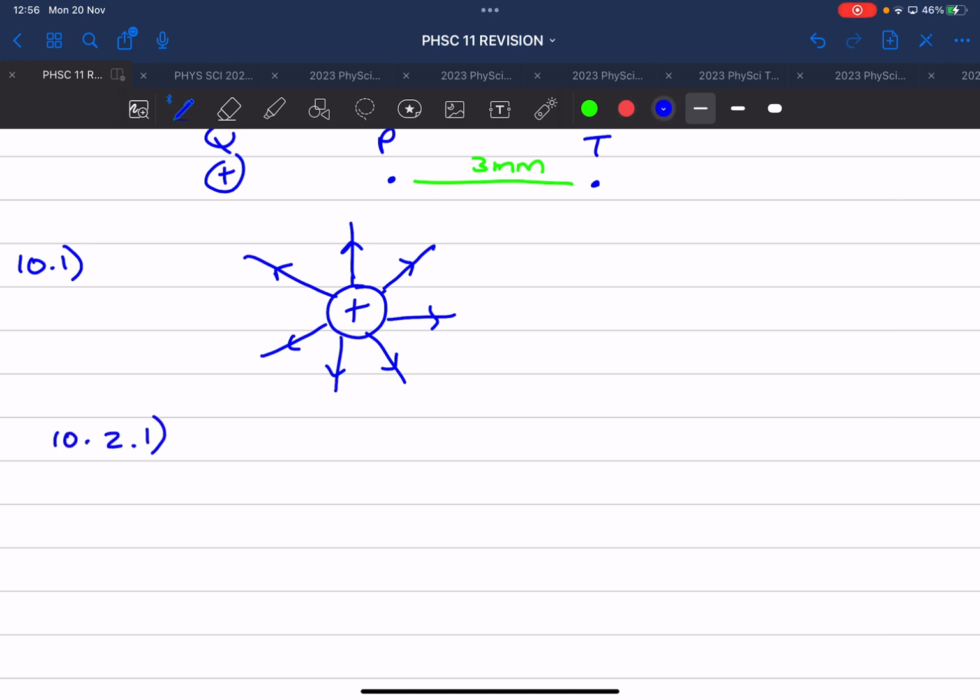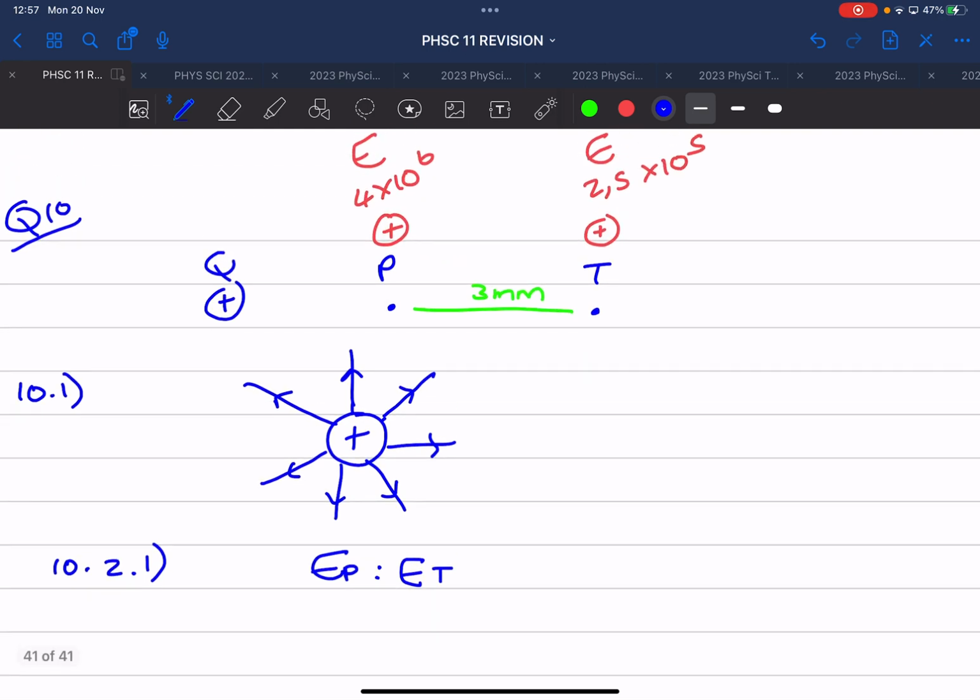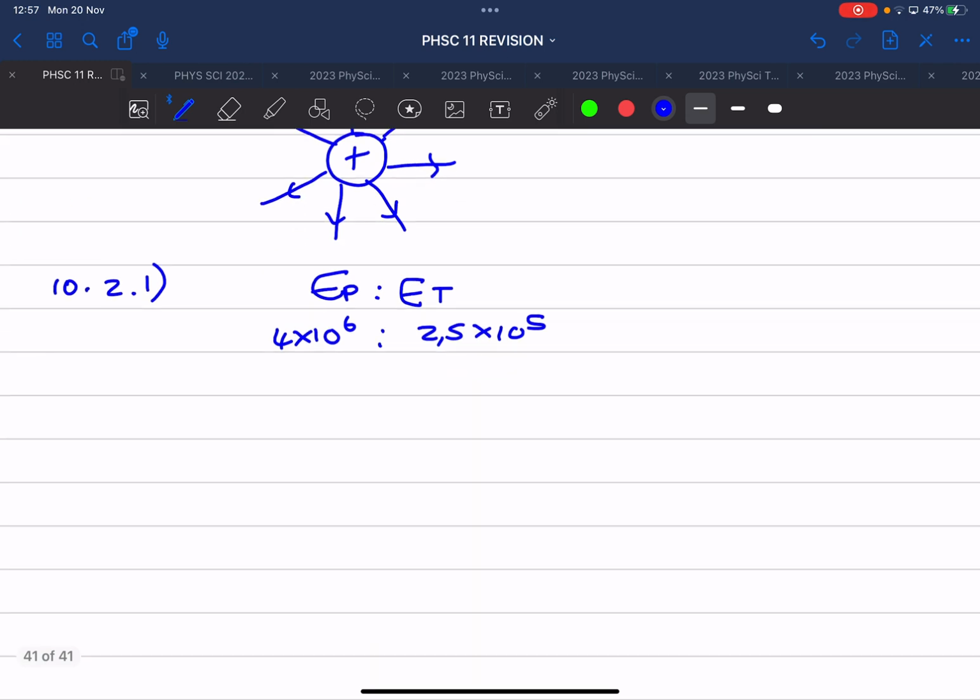Bereken die verhouding van die elektriese veld by P tot die elektriese veld by T. Skryf die antwoord as E P teenoor E T. Okay, so P is 4 times 10 to the power 6. T is 2.5 times 10 to the power 5. Okay, ons gaan dit nie net daar los nie. A ratio is the simplest ratio, verhouding. Okay. Jy sien hierdie een is kleiner, this one is smaller. You always divide by the smallest one.